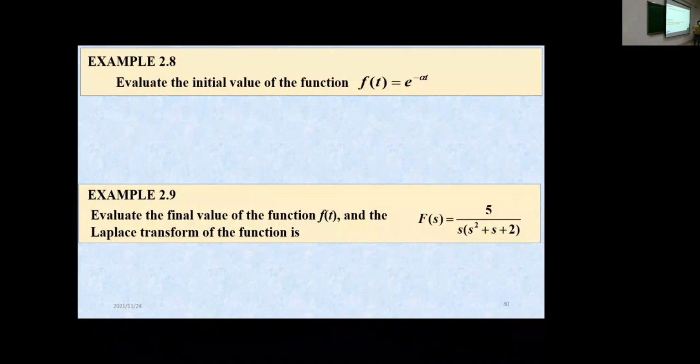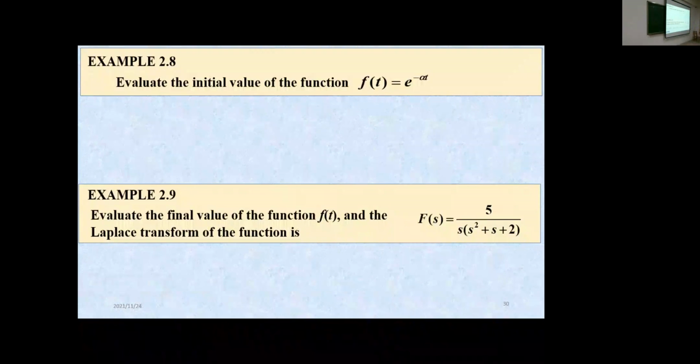If you use the s domain to solve this problem, then first you should get the Laplace transform F(s), and let s times F(s) have the limit as s tends to infinity.